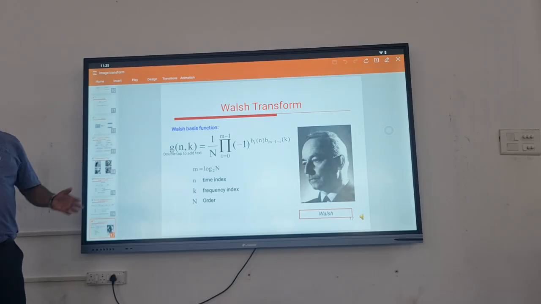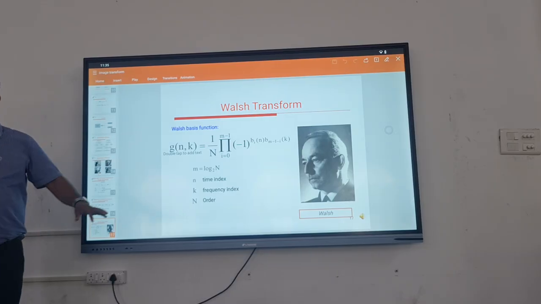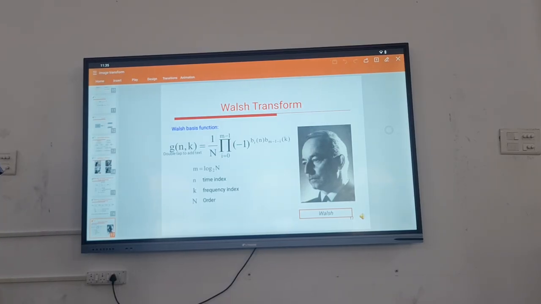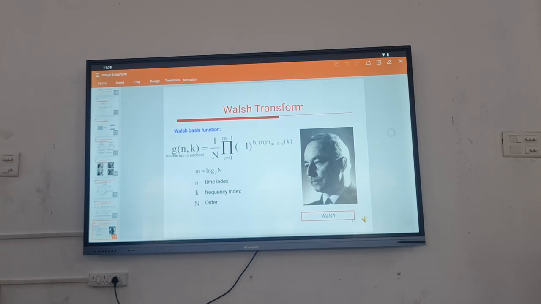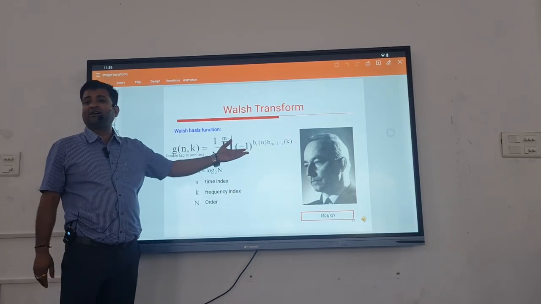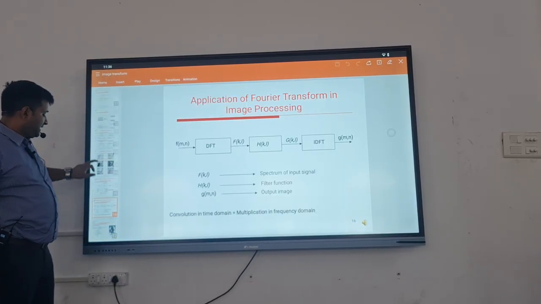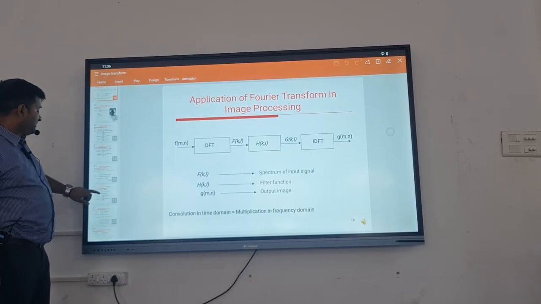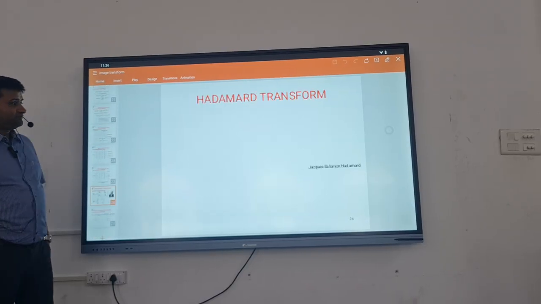Then I have discussed in the previous lecture the wavelet transform. You have also discussed, this is the non-sinusoidal wavelet transform, non-sinusoidal because the basis function is a non-sinusoidal function. And then I have discussed in this lecture the Hadamard transform.